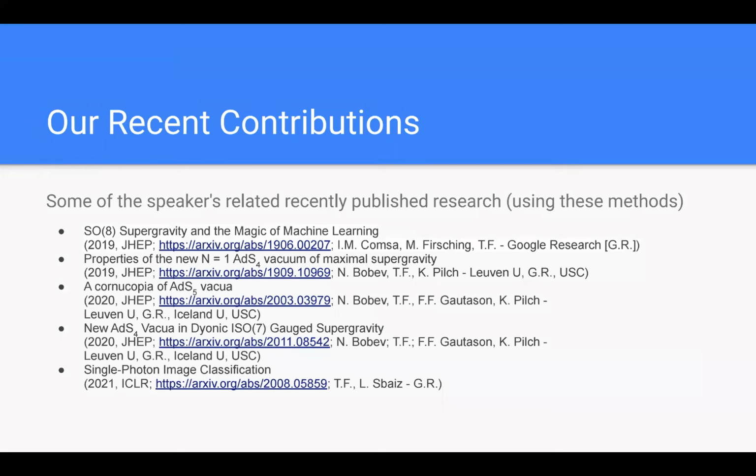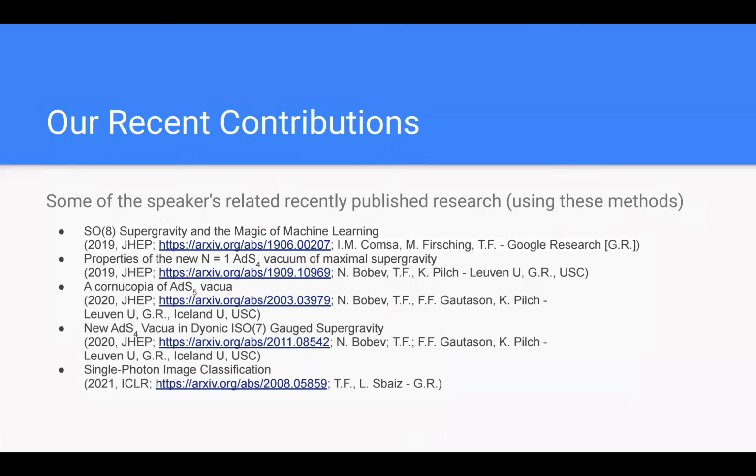with SO(8) supergravity and the magic of machine learning, where we first applied TensorFlow to a supergravity problem. This was a Google Research paper with no external collaborators. And then there were a few follow-on papers that exploited these new methods in other contexts.